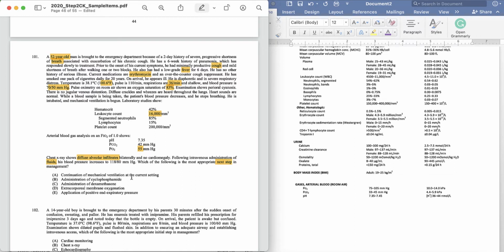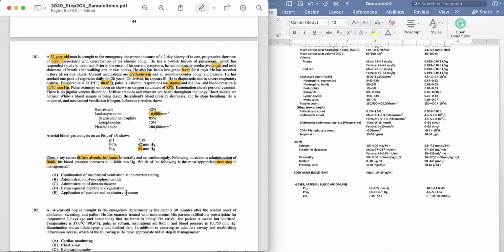So this one is continuation at the current setting. Well, if you look at it, all this evidence is showing us that he's not doing so well even at his current setting. His O2 is low, so it can't be that. The last options left are administering dexamethasone and applying positive end-expiratory pressure.